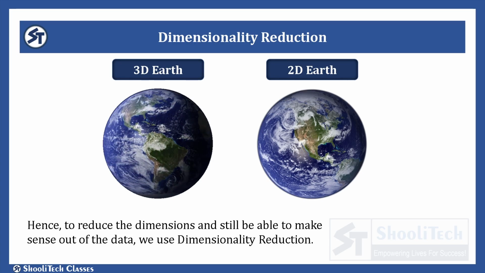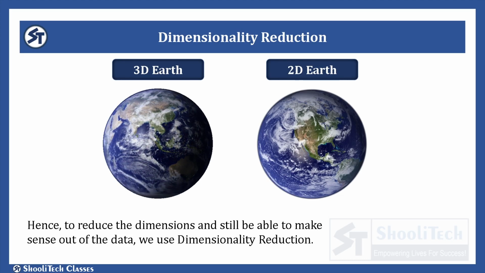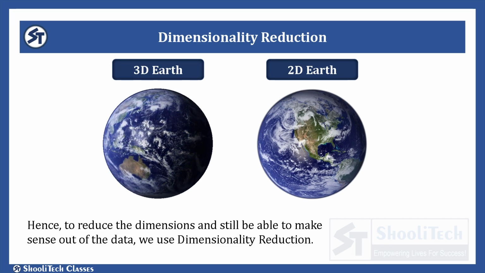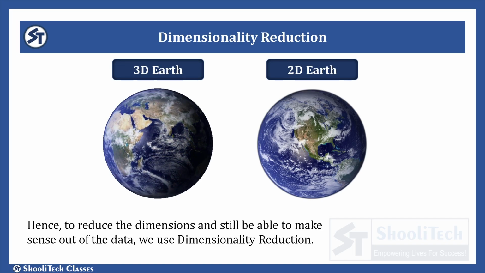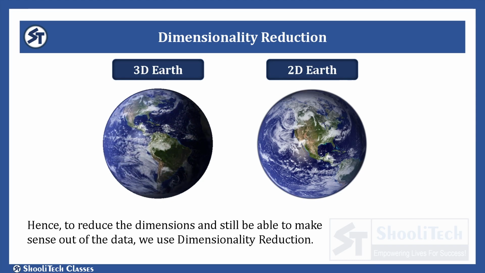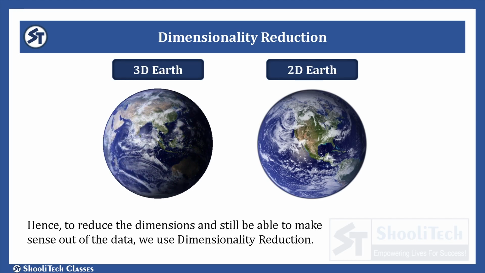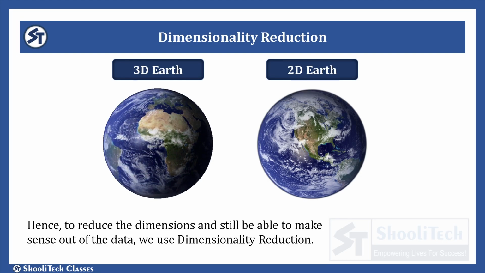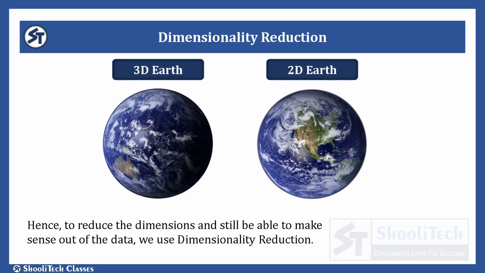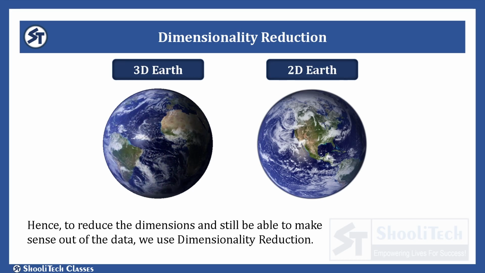If we observe its 3D model, then we will be able to understand all the aspects of the earth. But if we reduce it to 2 dimensions, then obviously we are going to lose much important information about it. Now we can see just one part of the earth. We don't know what is there on the back of it. We are losing information about its mountains, rivers, oceans, and so many other things, right? It means we always have to be very careful while reducing the dimensions.